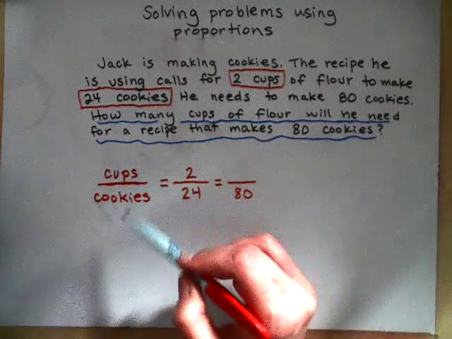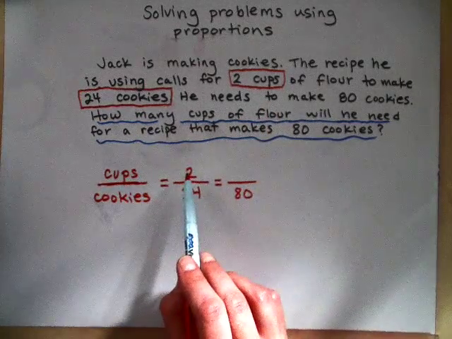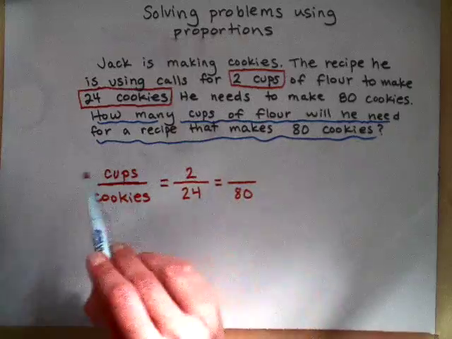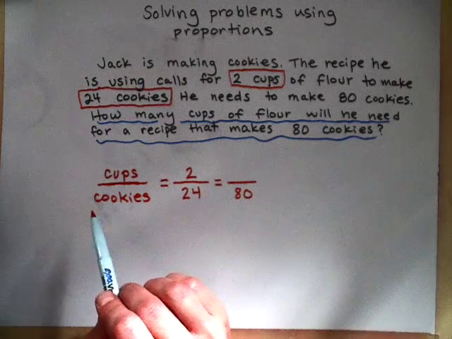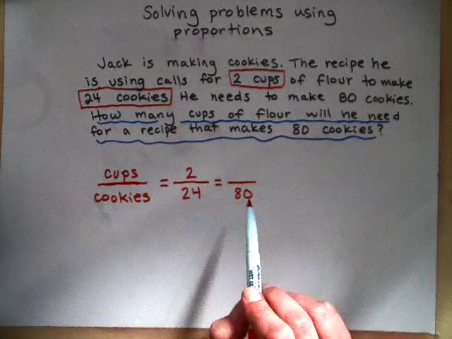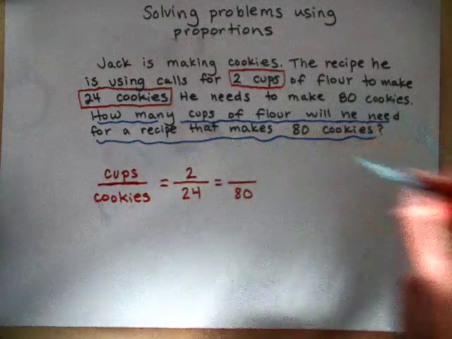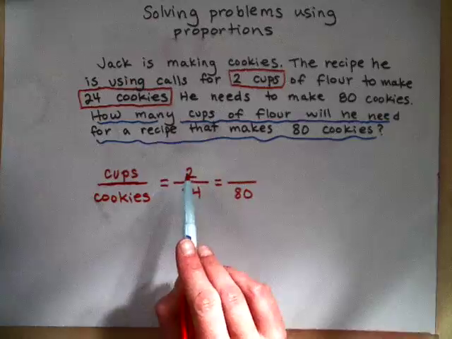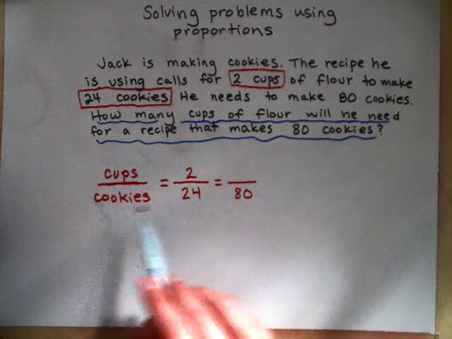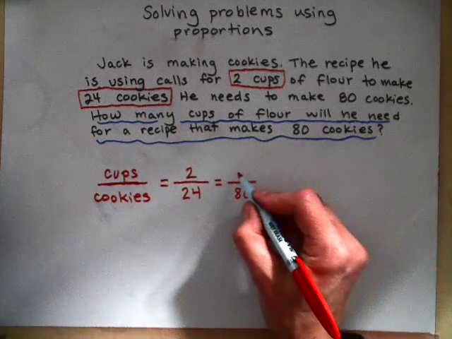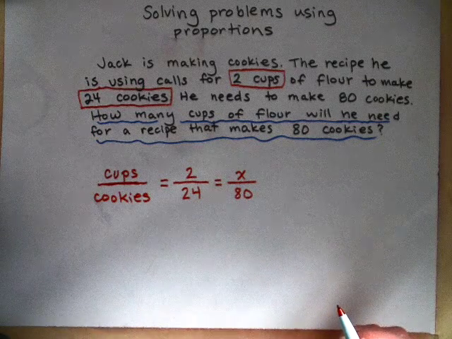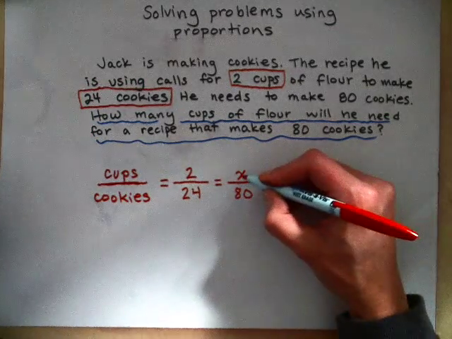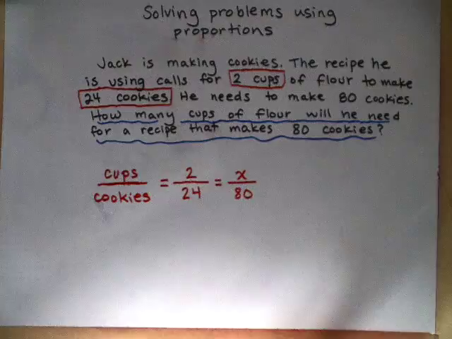We've got cups and cookies, and we know we need 2 cups for 24 cookies. You're just organizing the information in a smaller format than all of this wording. So now I have 2 cups, 24 cookies, 80 cookies. How many cups? I put an X right there, because an X is an unknown number. We call it a variable.